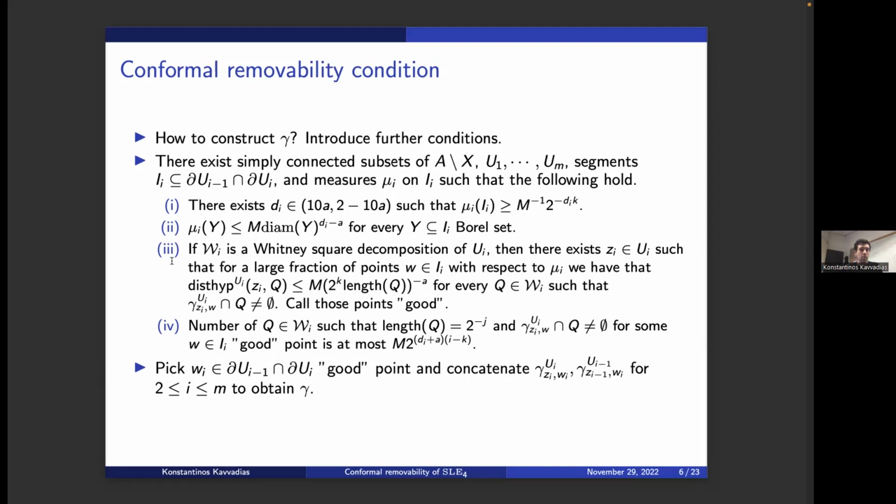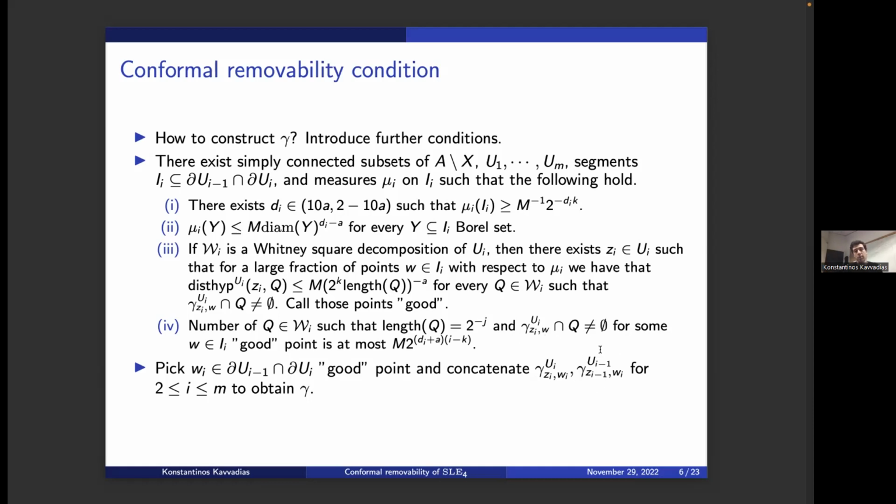So here condition 3 helps us to bound the diameter of these geodesics under the function f. Therefore, we obtain the required bound for the path gamma by just taking a union bound, summing the diameters of all these hyperbolic geodesics.